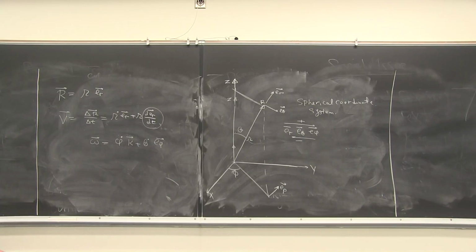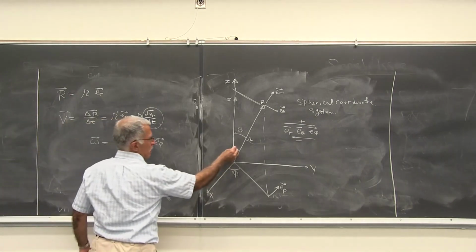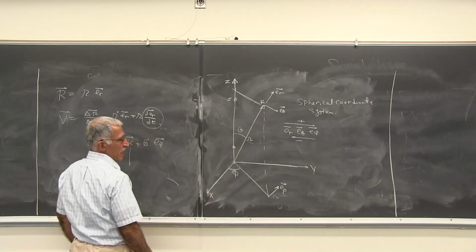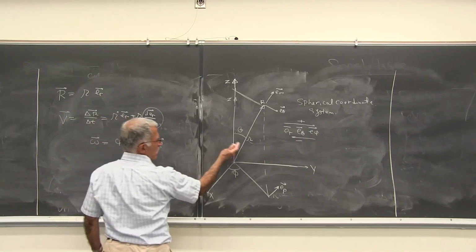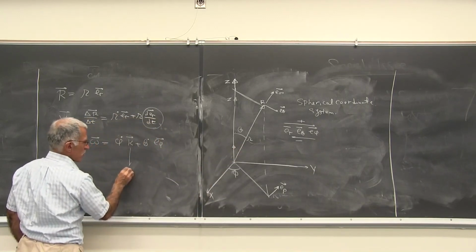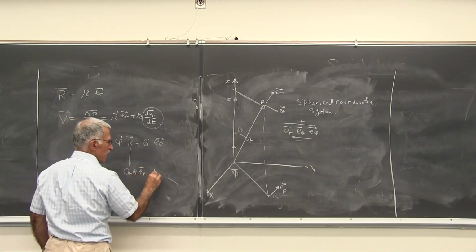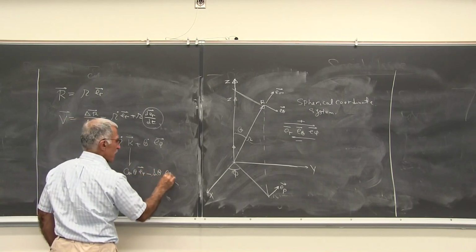But the problem is that our coordinate system is ER, E theta, E phi. We don't have k. So now you have to change the k to those unit vectors. My k is cosine theta ER minus sine theta E theta.